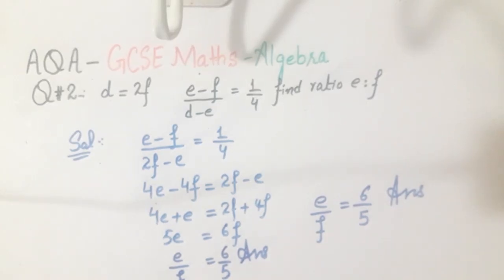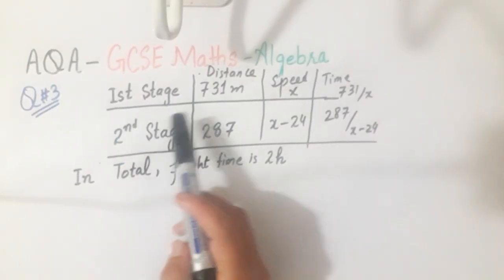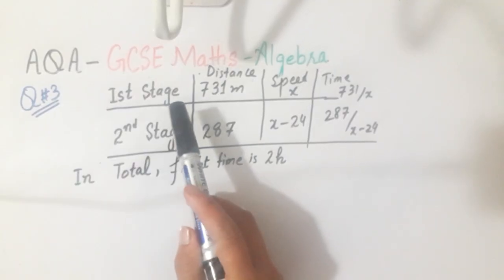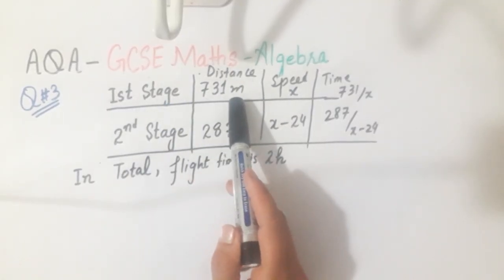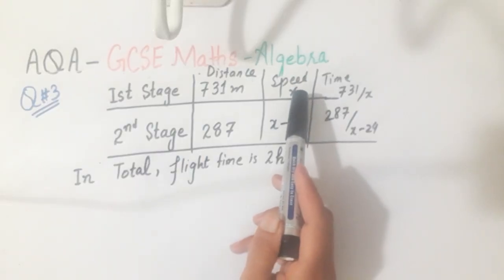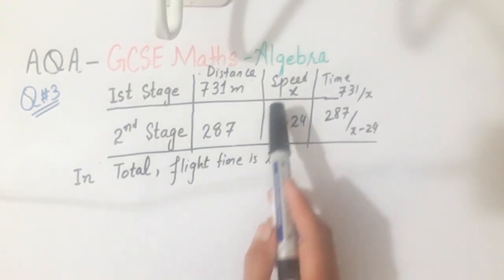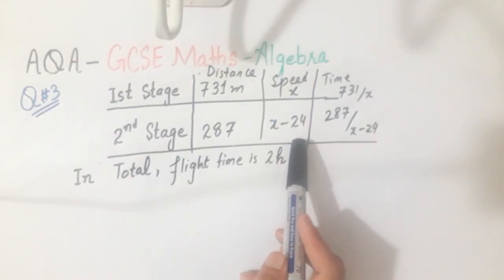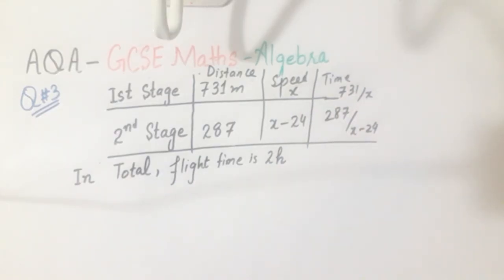Now we will solve question number 3. It shows a flight time. In the first stage, the distance is 731 meters and the speed is x. In the second stage, the distance is 287 and the speed is x minus 24. You have to find the value of x when the total time is 2 hours.